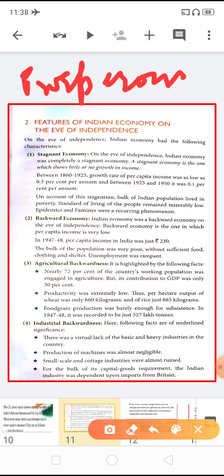However, during the British rule, the economic policies pursued by the colonial government, that is the British government in India, were concerned more with the protection as well as the promotion of their own economic interest rather than the development of the Indian economy.